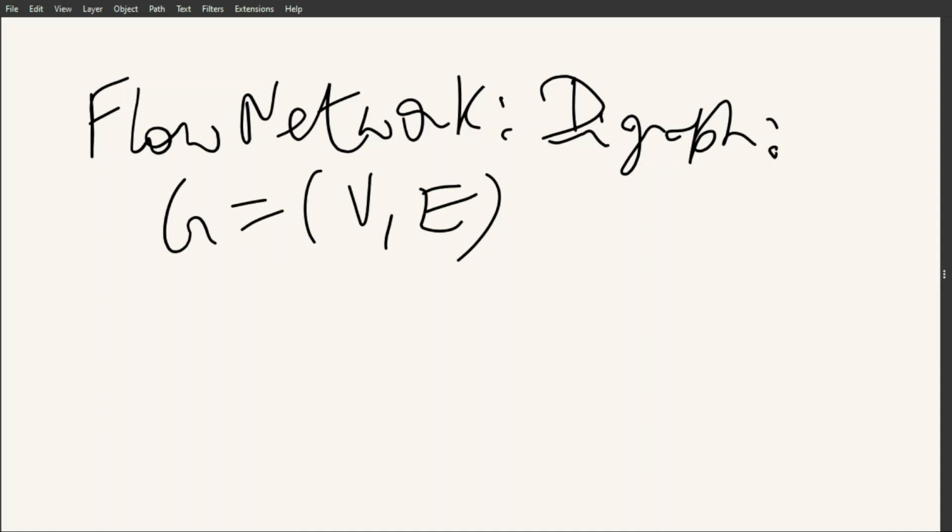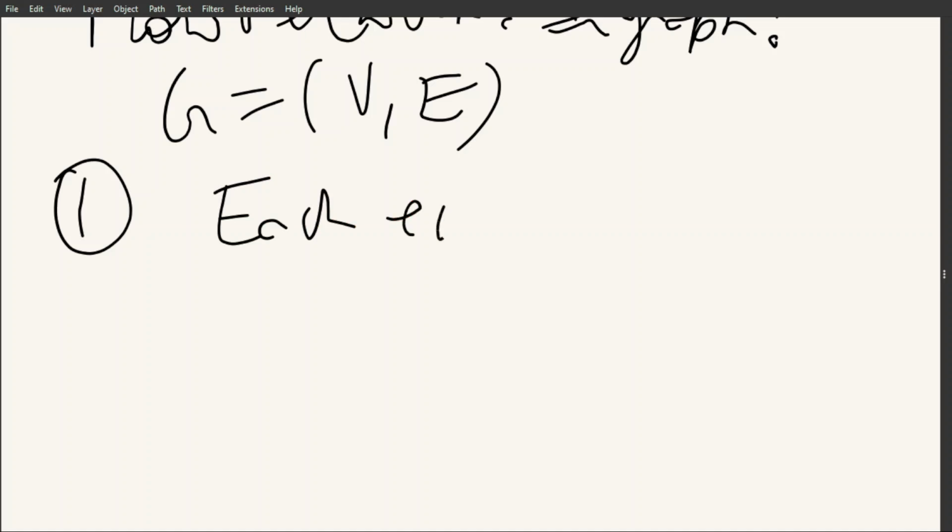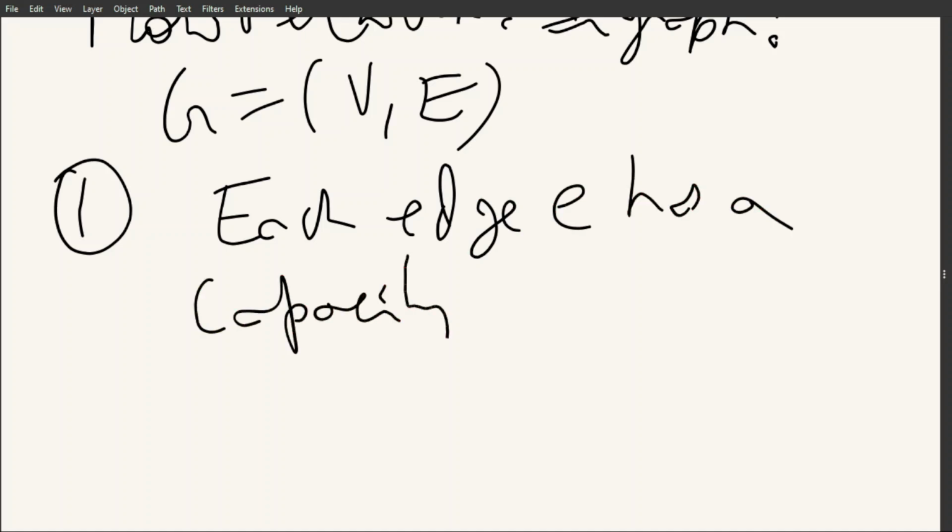V is the set of vertices, E is the set of edges. So it should satisfy 4 properties. So first is, for each edge we have a capacity. Each edge. So just remember, edge is a directed edge. E has a capacity. We denote this by c(e), and this is a non-negative integer.